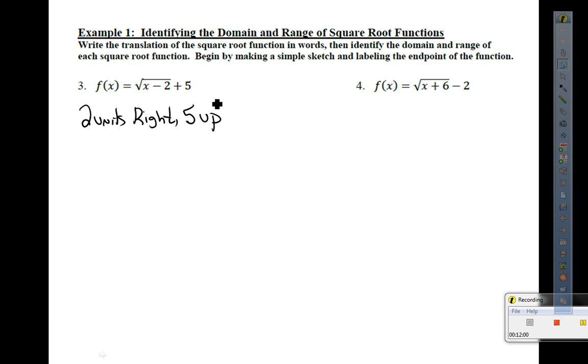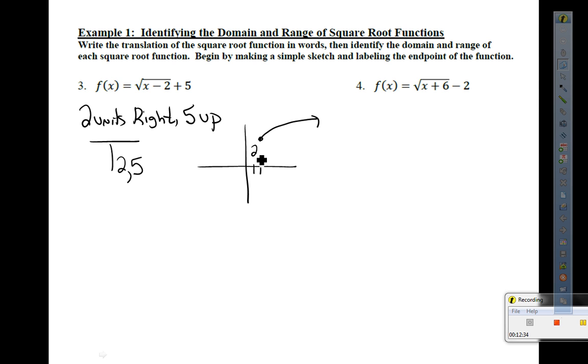In terms of a translation, I'm going to use a capital T, and then just list it: +2, because I went 2 to the right, and it's going up 5. So 2, comma 5. This tells the world 2 units to the right and 5 up. My rough sketch of it, 2 units to the right, 5 up.